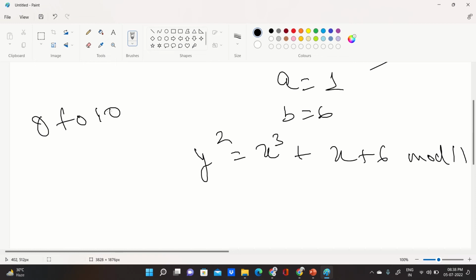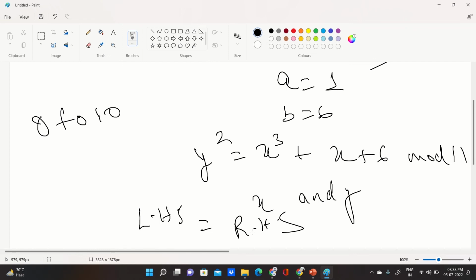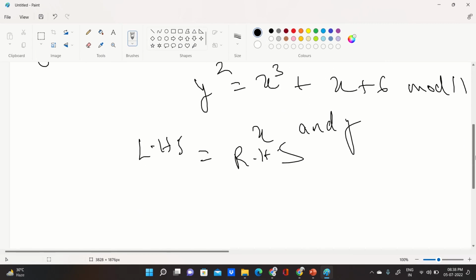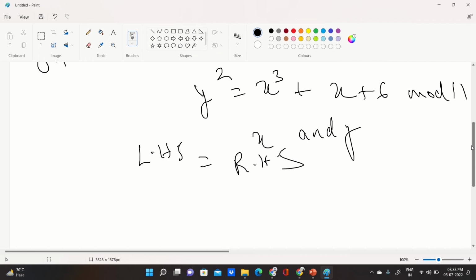I need to find the values of x and y such that LHS equals RHS. If LHS equals RHS, then that point will lie on the elliptic curve. That is my motto.